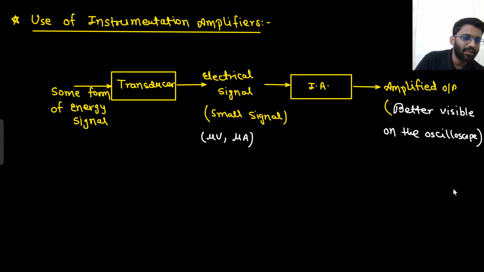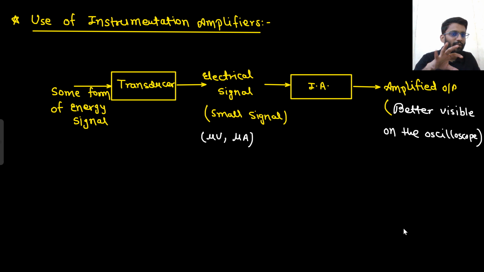In the instrumentation question paper, almost every time we see one question from instrumentation amplifier, because that is very important for an instrumentation engineer. For EC engineers as well, we can expect some questions. So what is the use? A transducer will convert some form of energy to electrical signals.